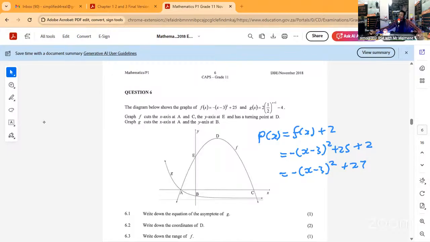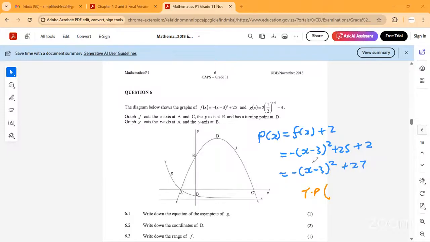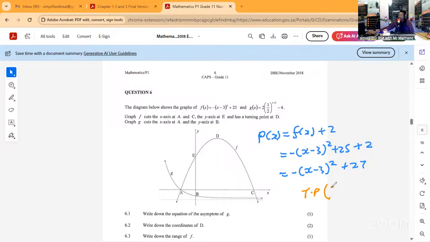Now, what is our turning point from this? 3 and 27. But because it is 2 marks, you could have just looked at it from your turning point, which was 3 and 25.